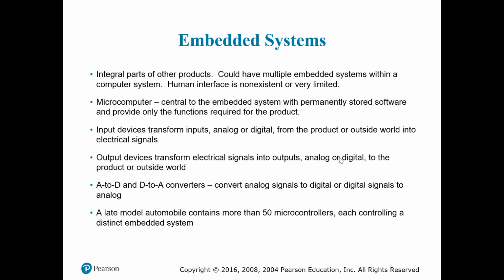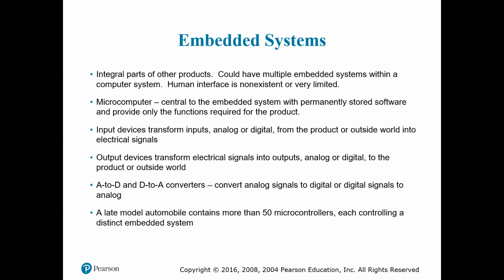Embedded systems are integral parts of other products. You could have multiple embedded systems within a computer system. Human interface is non-existent or very limited. The microcomputer is central to the embedded system with permanently stored software and provides only the functions required for the product.